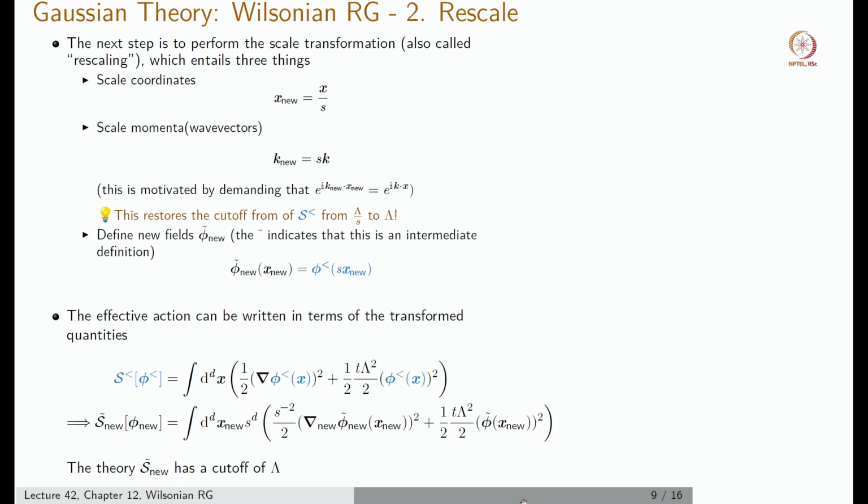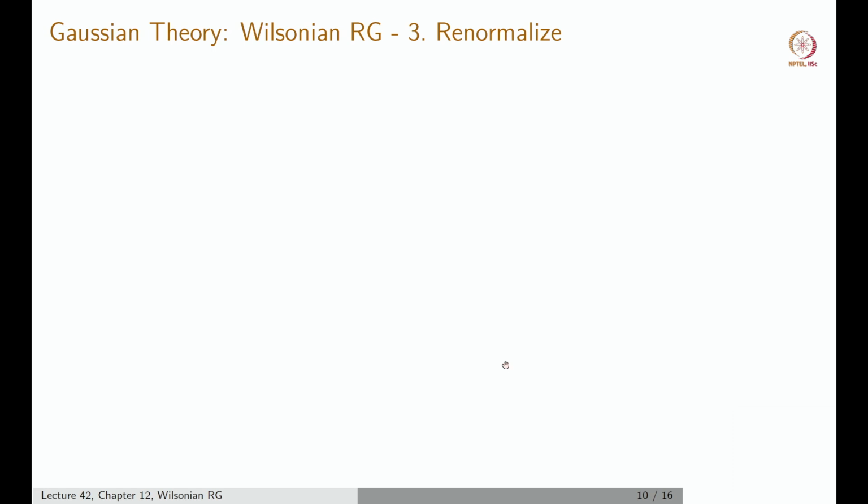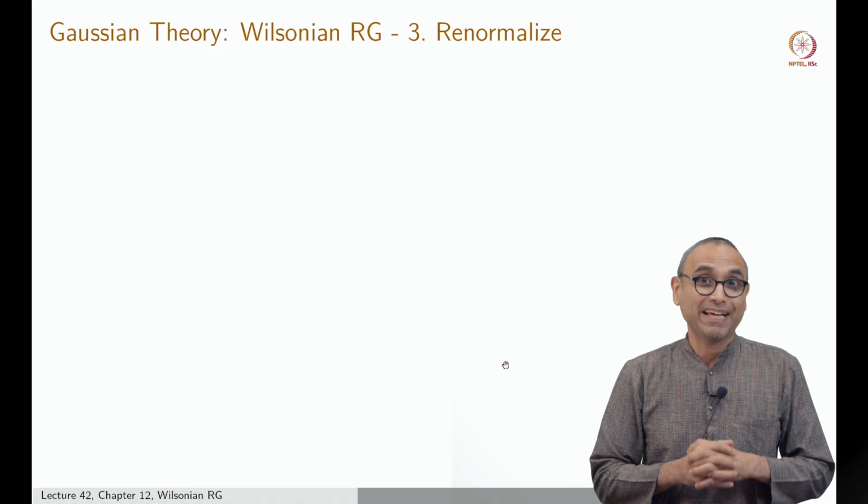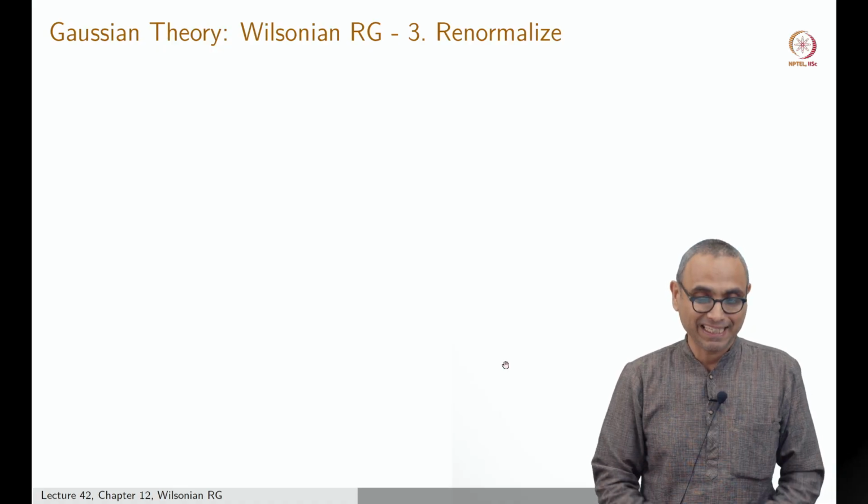Now I want to use the fact that my Gaussian theory with the coefficient 1 is to be a fixed point of this renormalization group transformation, and this gives rise to the third step where I am going to impose the renormalization condition.